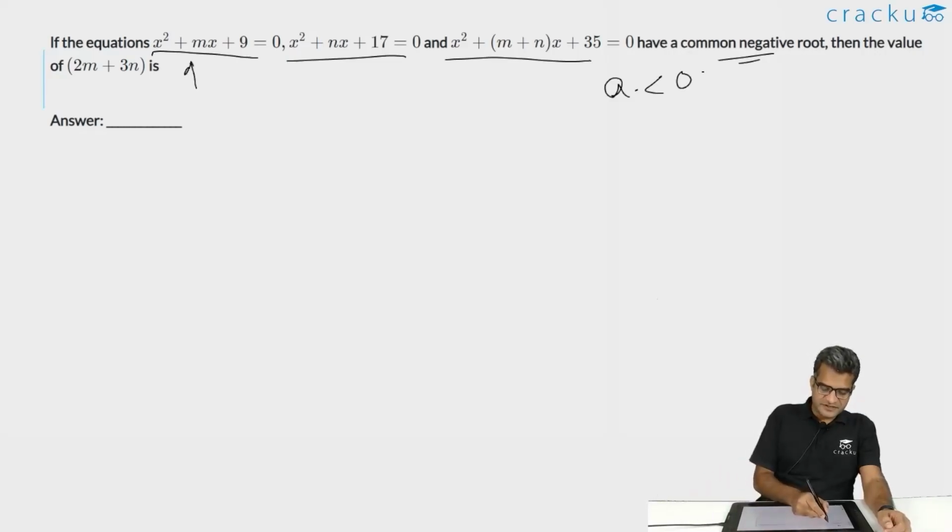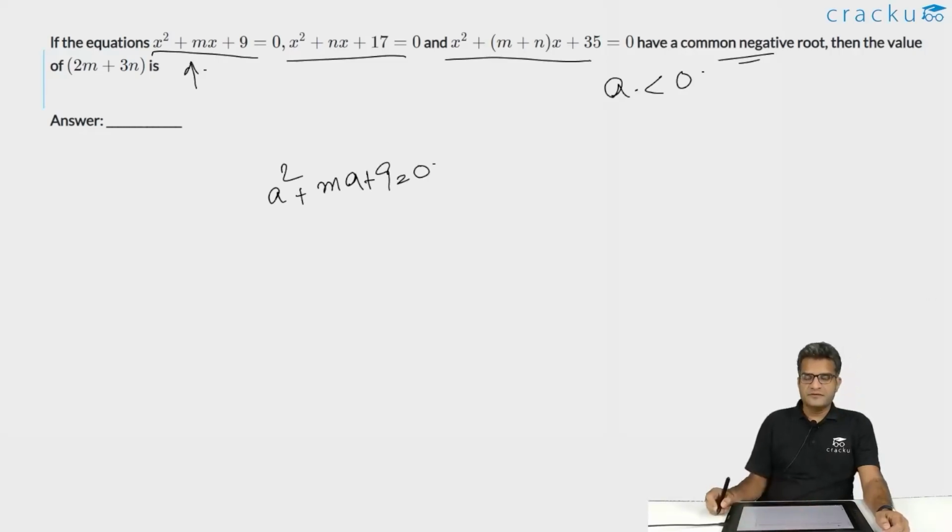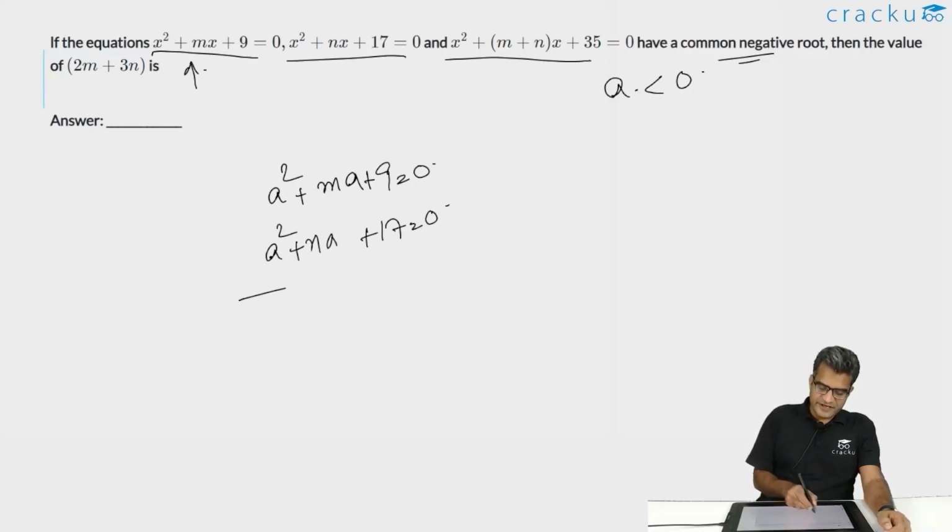From the first equation, we are getting that a square plus ma plus 9 is equal to 0. From the second equation, we are getting that a square plus na plus 17 is equal to 0. We can add both of them. We are going to get 2a square plus m plus na plus 26 is equal to 0.